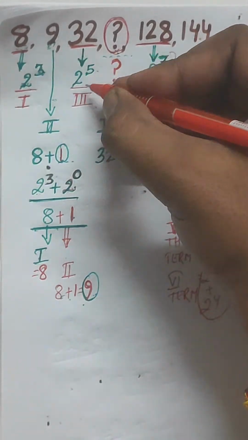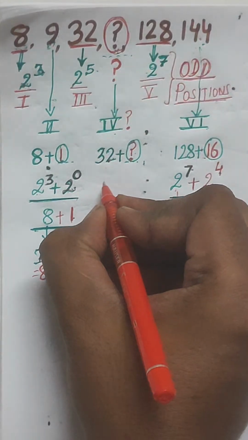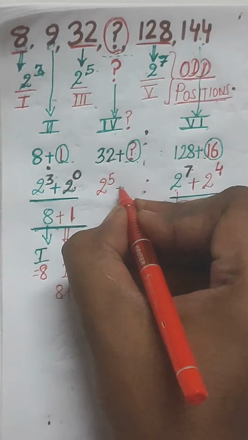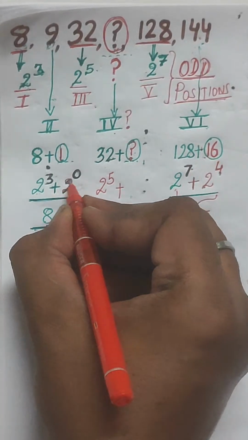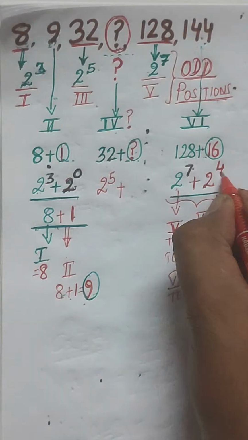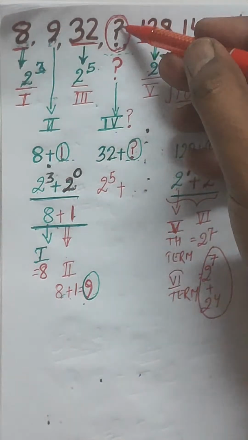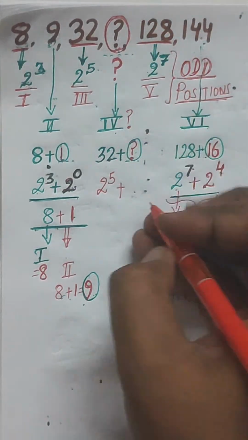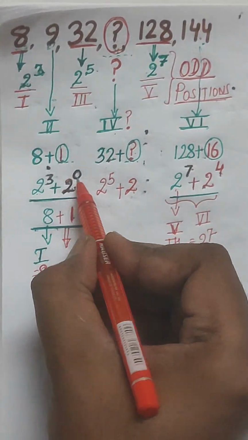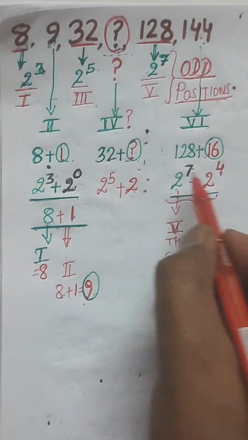32 is 2 power 5, you can see. So write 2 power 5 in place of 32, plus whatever is followed over here, 2 power 0 and 2 power 4 for the sixth term. So for the fourth term, this question mark, it will be 2 power something. What is that? Here you can see 0, then something, then 4.